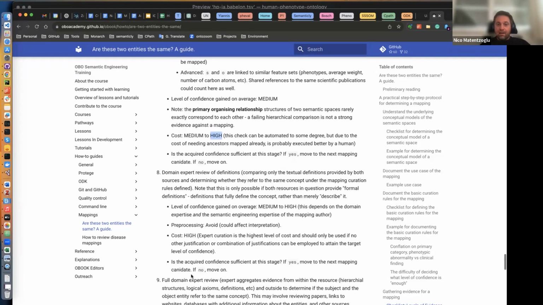All right, and then we go into these really hardcore areas. This is where you have domain expert review of definitions.